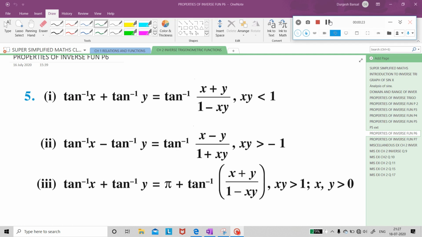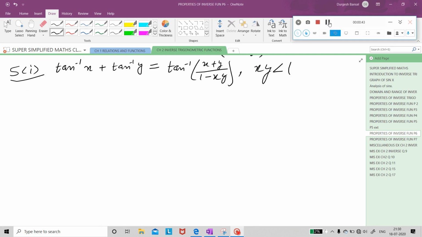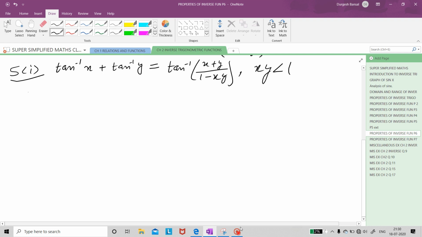Now the next property we are doing is property 5. Tan inverse x plus tan inverse y is equal to tan inverse of x plus y upon 1 minus xy, with the condition that xy is less than 1. This is a very important condition. Now let us prove this property.